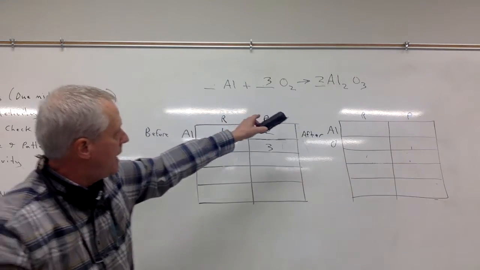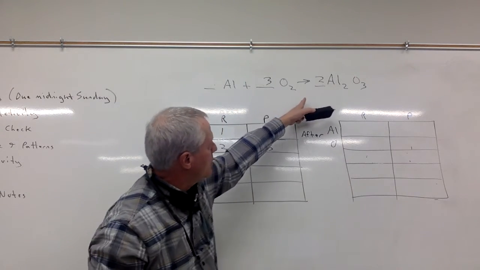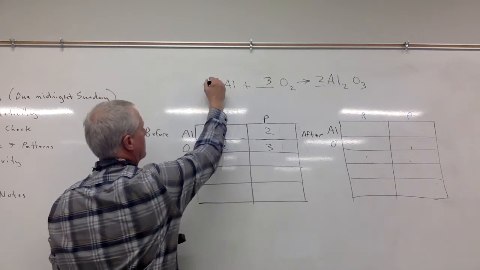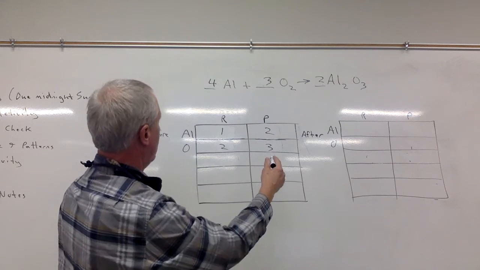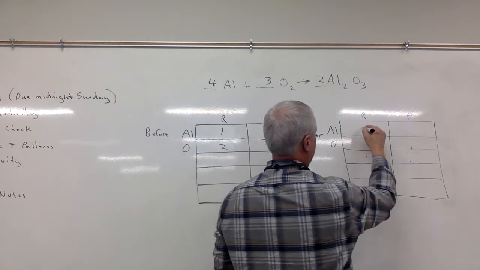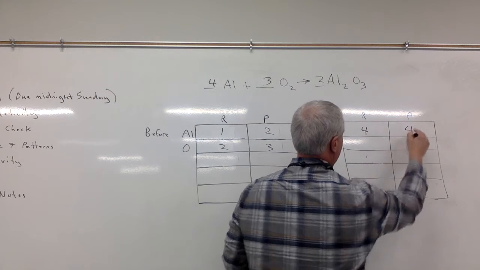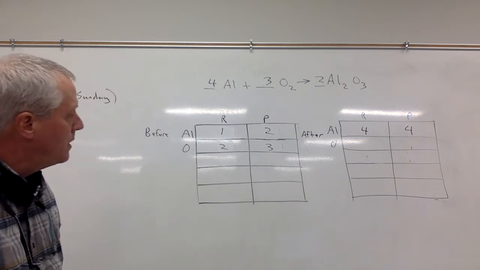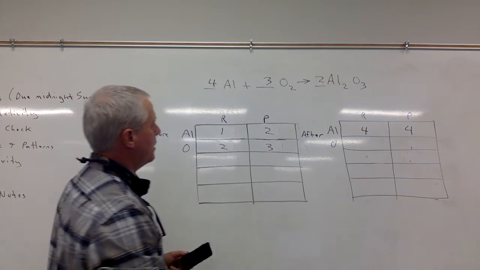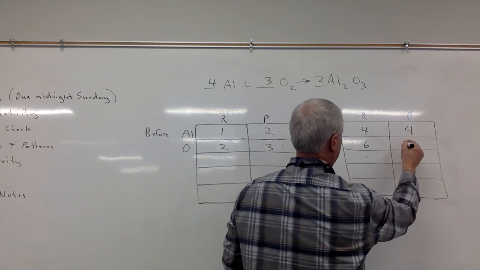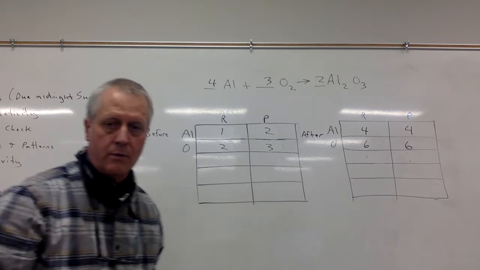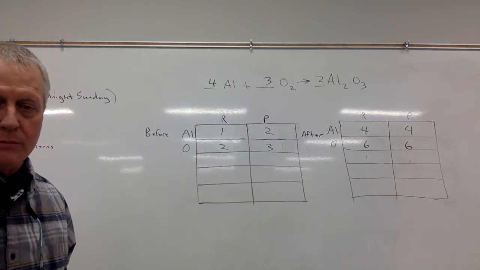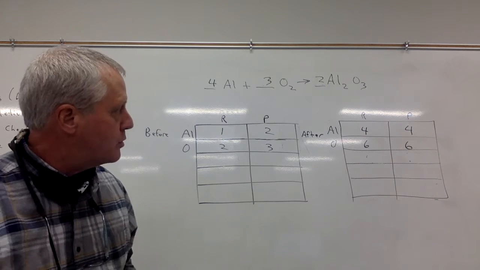And then there's 4 aluminums here, so I have to put a 4 here. So now there are 4 aluminums on each side, and 6 oxygens on each side.